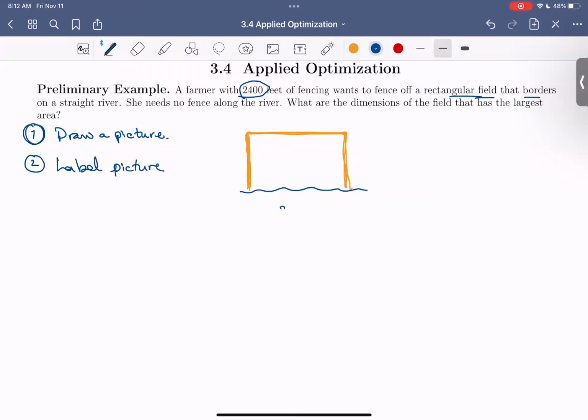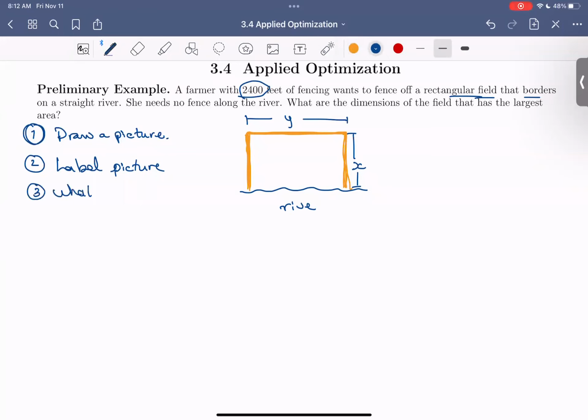So how should I label it? Well, I know I have the river here, but in order to get our hands on this field, I want to label this field with some dimensions. I could call this length here X and this length here Y. And so now we need to identify what we know.